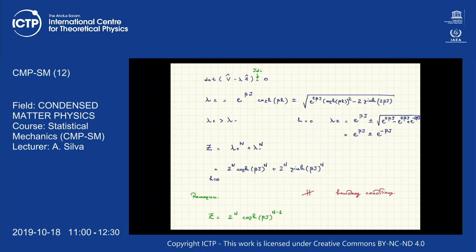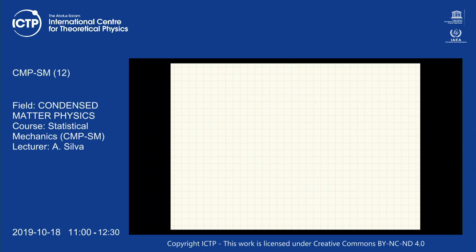Now, there is another important lesson that we get from this, which is the following. Z is, I wrote it up as lambda plus to the n plus lambda minus to the power n.